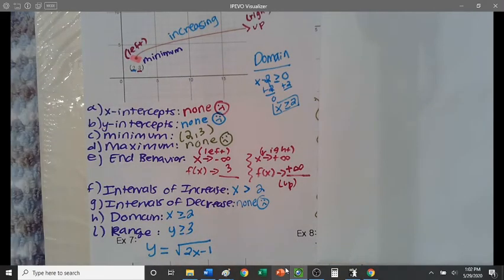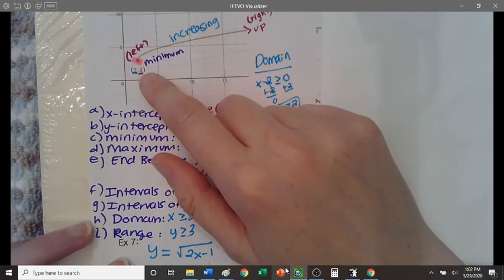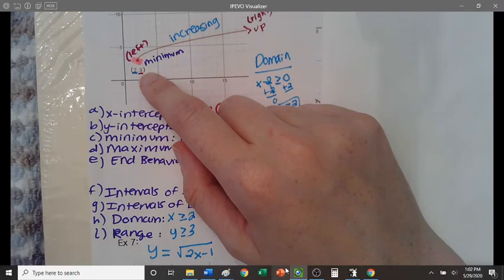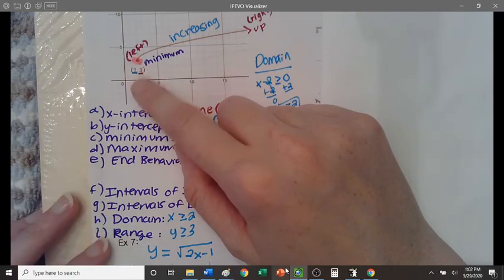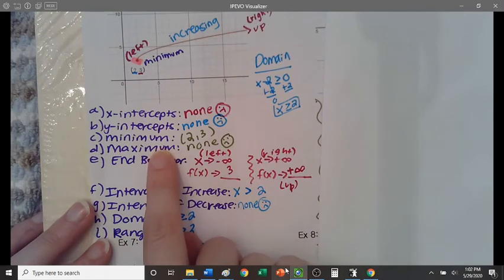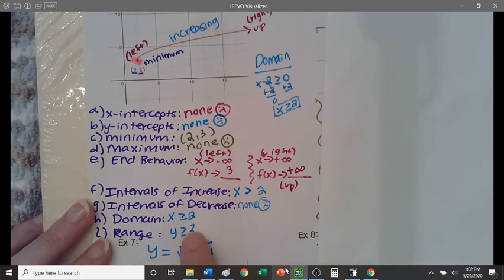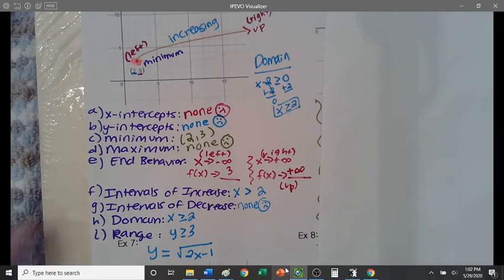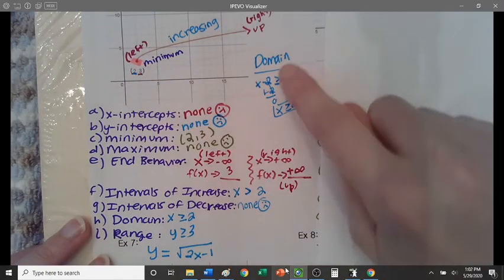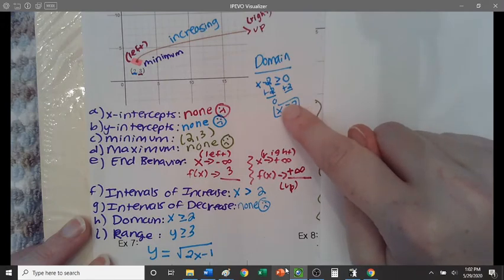Alright, and then something else to keep in mind, you guys. Sometimes on Desmos, the start point is kind of hard to find, which you'll see in one of the problems later on. If you cannot find that start point, a way that you can find your minimum or maximum point is by finding the domain and range. If you can't identify that point on Desmos, you can find the domain algebraically.